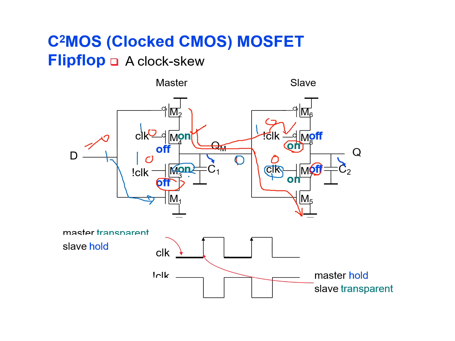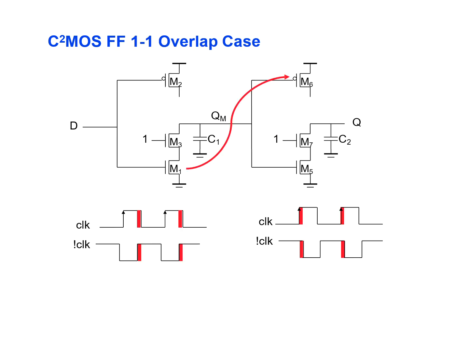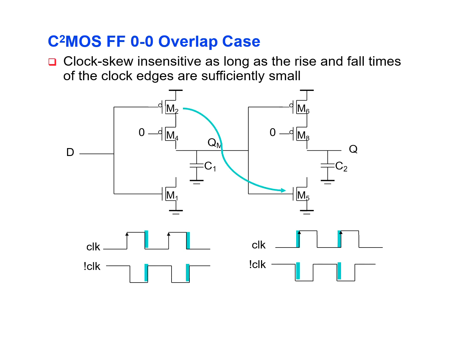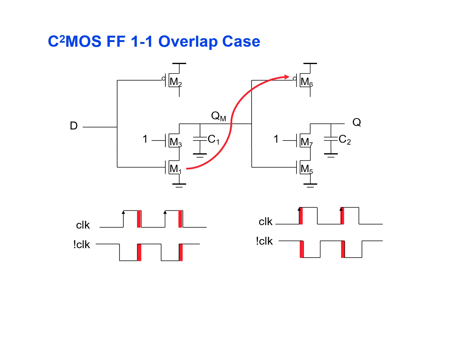My M3, M1 will be in on condition, and M6 will be in on condition. This is the shortest path, and now my output once again will not be propagated to Q, but is sampled at QM. Before it is sampled to Q, the overlapping will not exist. The clock skew will not occur in these clocked CMOS circuits. So it is given in a separate figure here. For the 0 0 overlap case, it would be in this condition, and for the 1 1 overlap case, it would be in this condition.